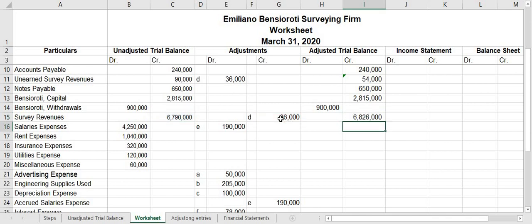So, your credit balance of the survey revenue after adjustment is now 6,826,000. Next is for salaries expense. Again, an expense has a normal debit balance. Since si salaries expense dito, meron siyang debit adjustment, kaya it indicates addition to the account. So let's add.